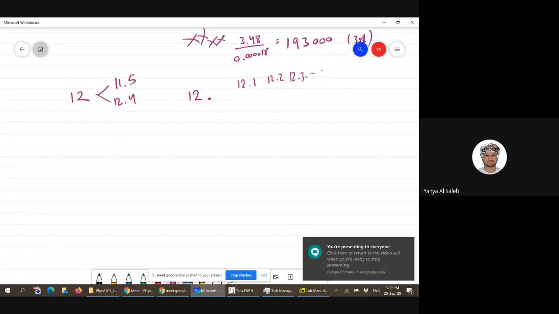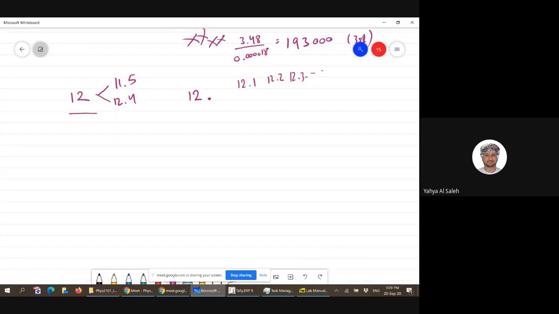So in this example, if I want to avoid the ambiguity between 12 exact and 12 non-exact, I can write 1.2 times 10 to the power 1 to mean this 12, or actually this is a bad example. Let me give you a better example because this has exceptions.